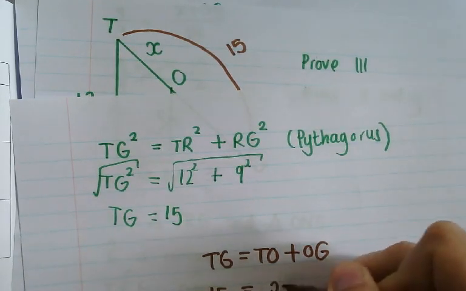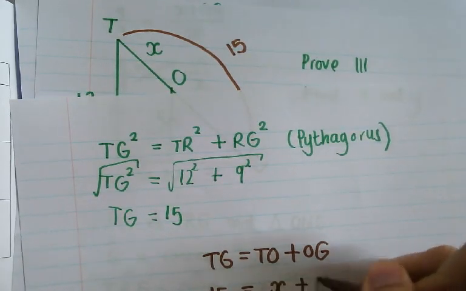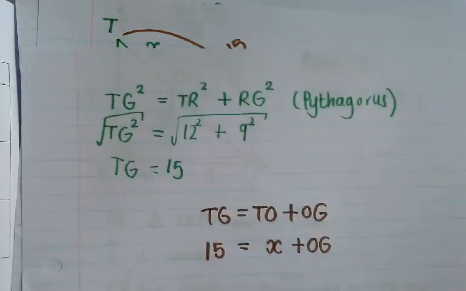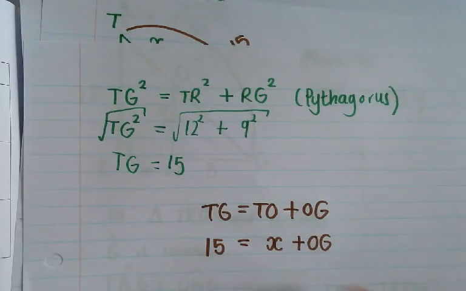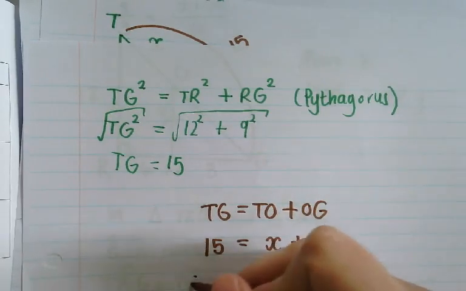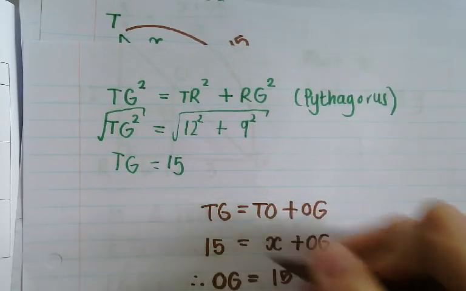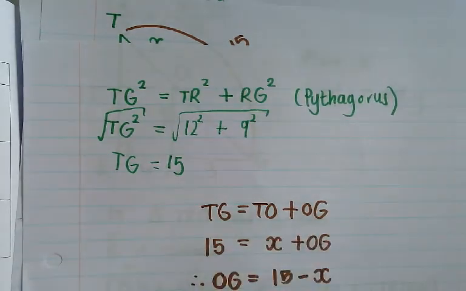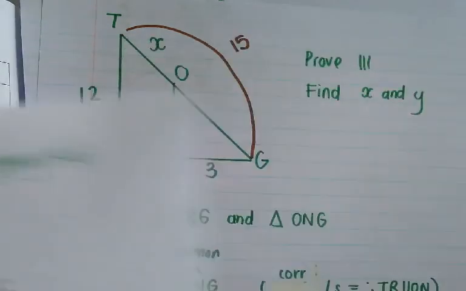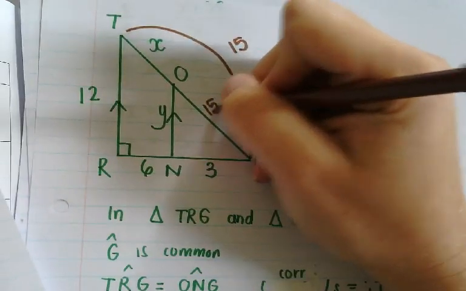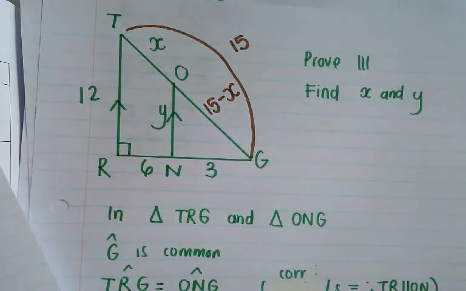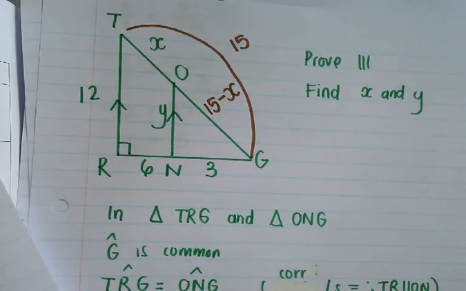I know that TO is x, but OG I do not know yet. So I'm going to make OG the subject by taking x over, and it becomes 15 minus x. And now I have something that has x in it and allows me to solve for x.